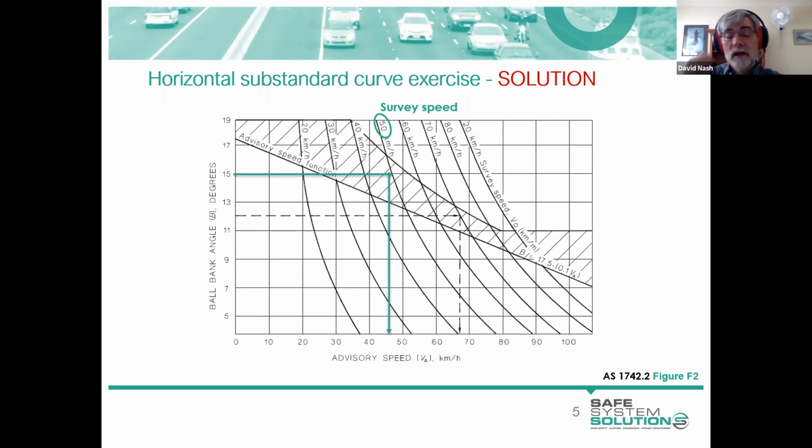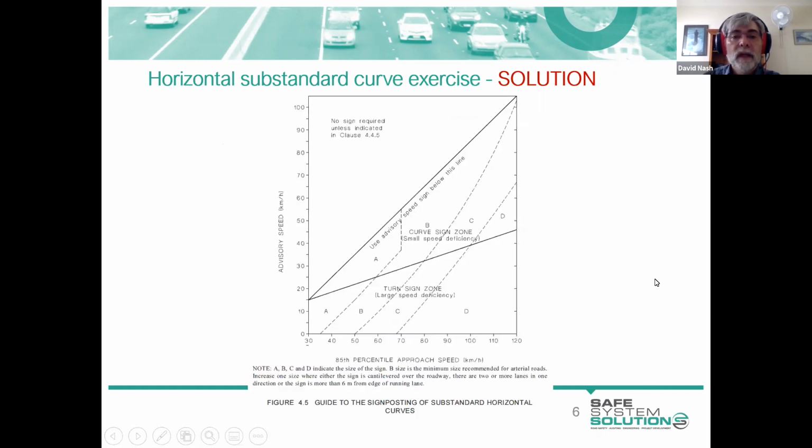I think someone actually rounded it up to 50 because it's a little bit above the 45, but it's so close to 45. I think that that's good enough for our purposes. And that fits within the shaded area, so that means it's a valid survey speed to be able to take those results from. And that is from figure F2 within the Australian Standard.